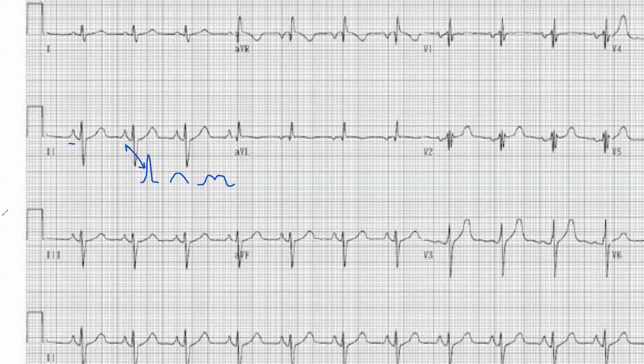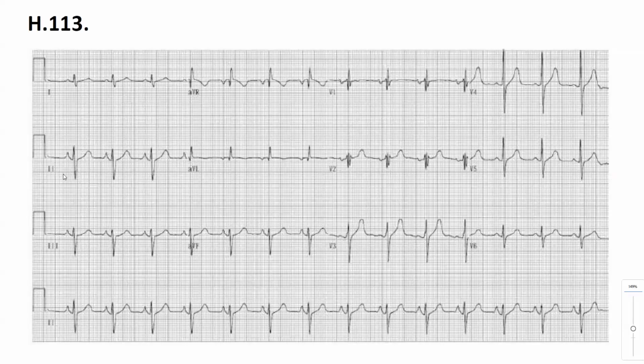The axis: it's positive in lead 1, and wait a minute. So lead number 1 is about 0. AVF is negative. So what does it mean?